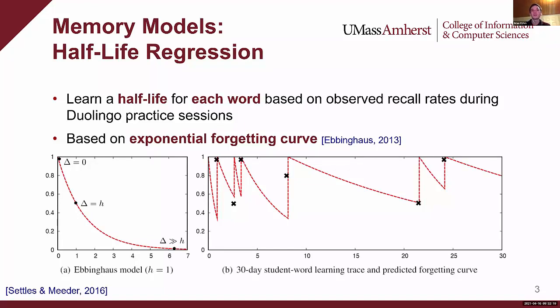This is based on the concept of the exponential forgetting curve. If the half-life is larger, then the word is harder to forget or easier to learn. And if the half-life is smaller, then the word is harder to learn and easier to forget.